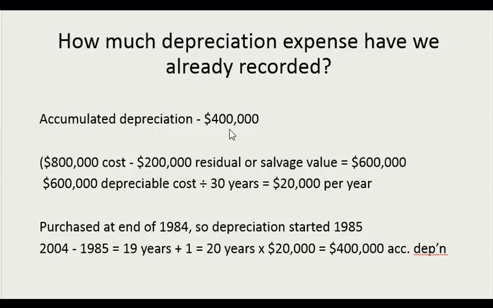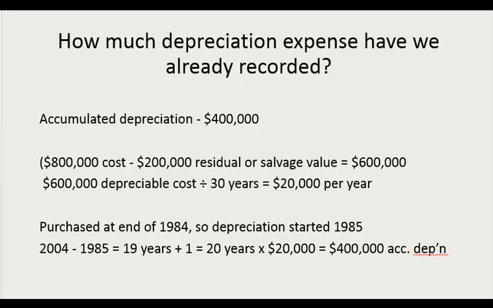We're told that the accumulated depreciation was $400,000 as of the end of 2004. But we can figure out how that amount was calculated if we're curious. The original $800,000 cost less the original estimate of the residual or salvage value equals $600,000.